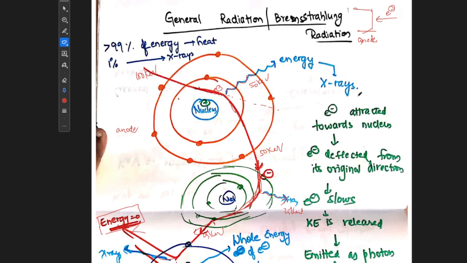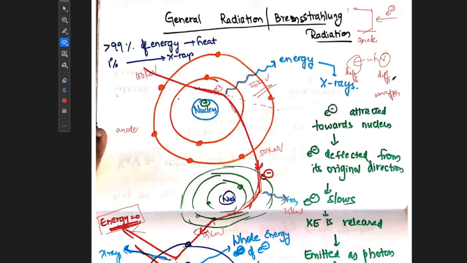Some of the energy is released in the form of X-rays, and this process will repeat on and on along with other atoms, releasing X-rays of different energy. X-rays of different energy means they can have different velocities and different wavelengths. So the wavelength and the frequency of X-rays produced by the Bremsstrahlung radiation are different.